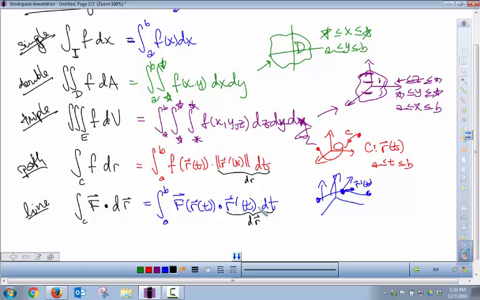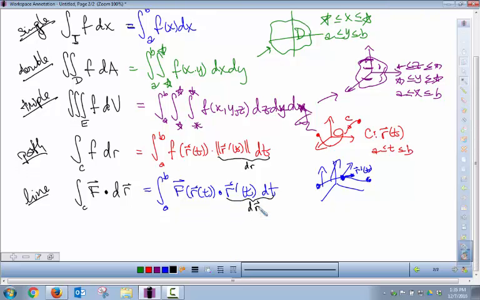So the difference between a path and line integral is you're integrating over a vector function for the line integral. Remember that the book calls these two things line integrals, according to the book.